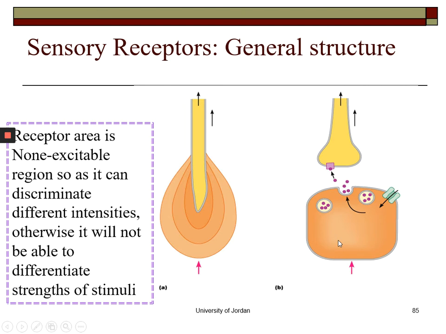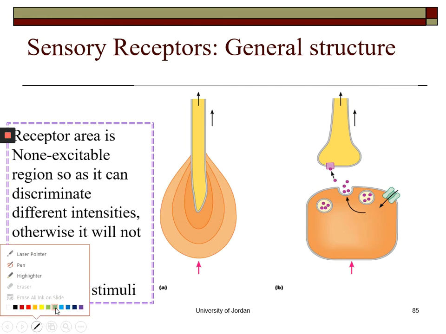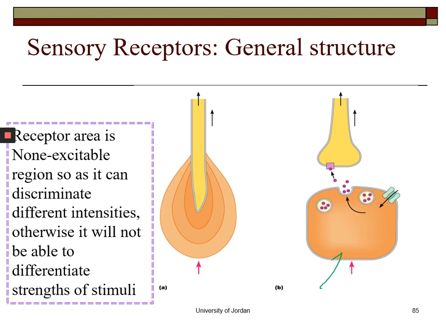Now, this is a receptor. This is a receptor area. When there is a stimulus here, usually it will open ligand-gated, what we call stimulus-gated channels. How many stimulus-gated channels are open depends on the strength of the stimulus.